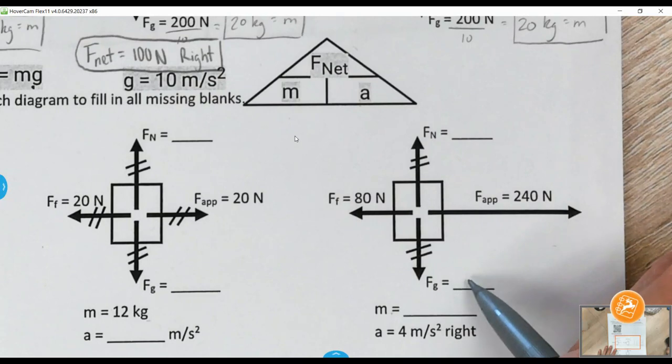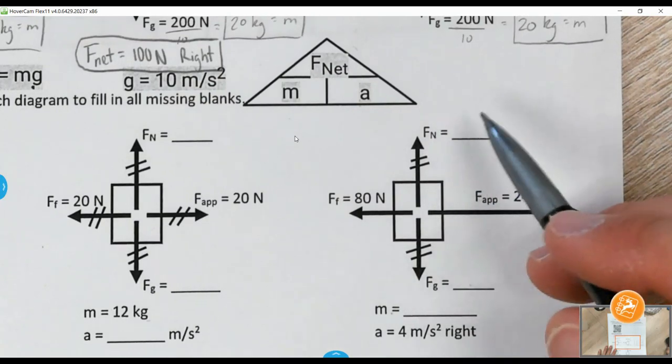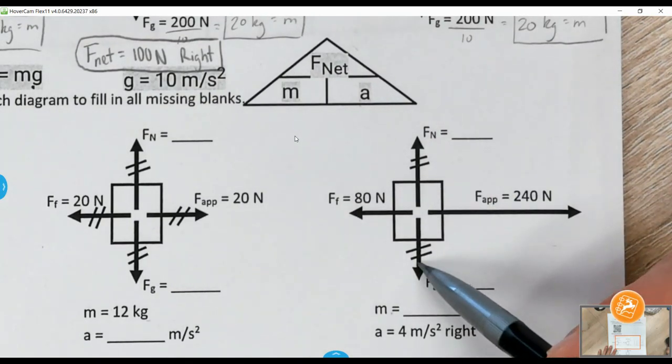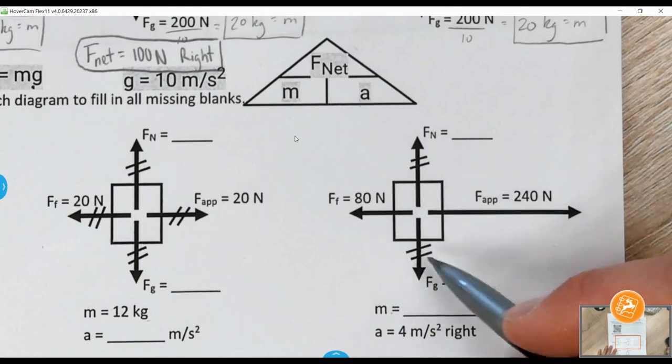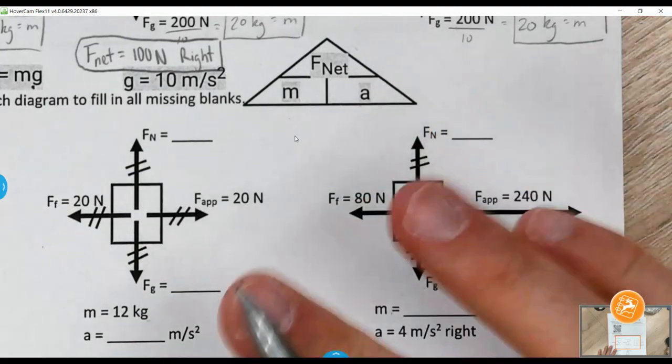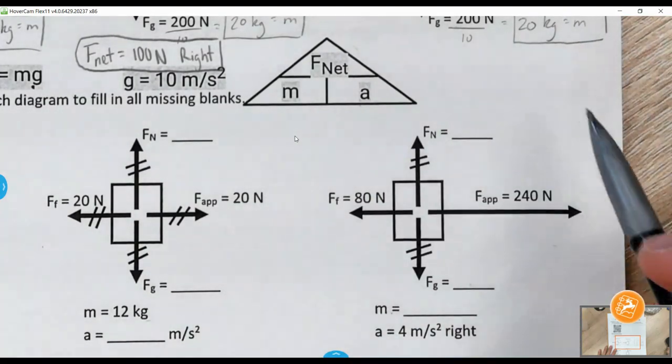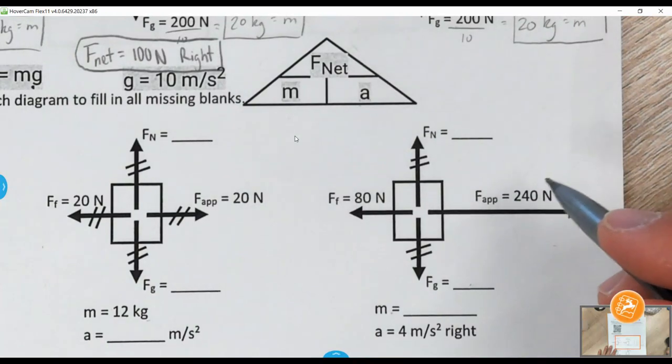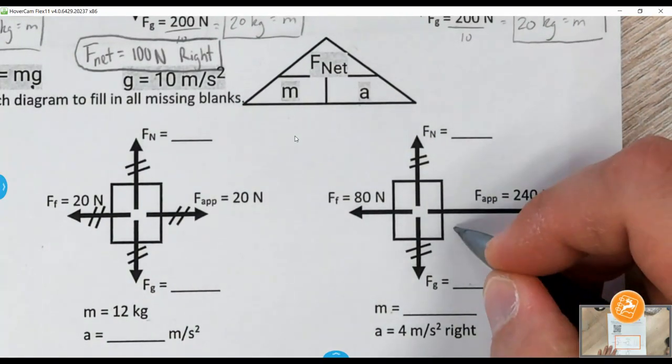We don't have mass, so we can't actually get a number right now for Fg or Fn. But from the drawing, these two things are equal. So does that affect my net force? No. So what I want to do is figure out what my net force is.